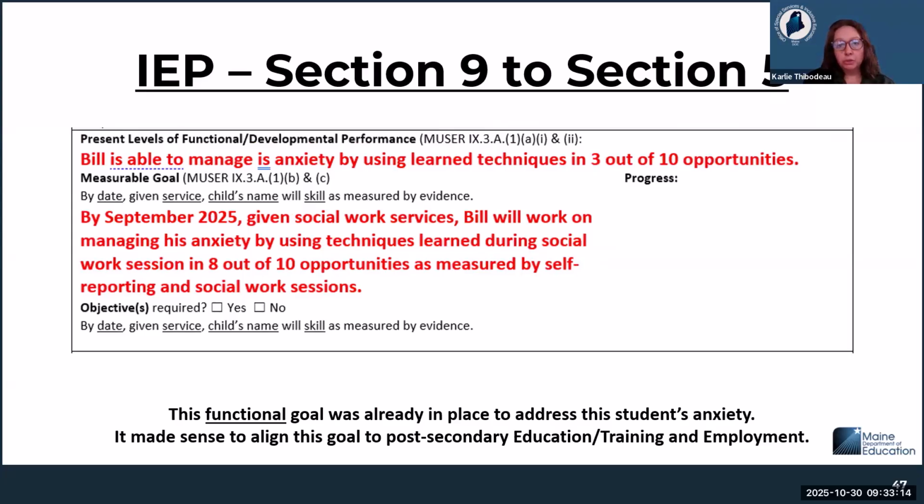And then this functional goal was already in place around the student's anxiety, and they're working on techniques learned and managing anxiety. This would also be aligned to their post-secondary goals, because managing anxiety will help them with whatever they want to do for education and training and for employment. That's a life skill that you would need across all settings.